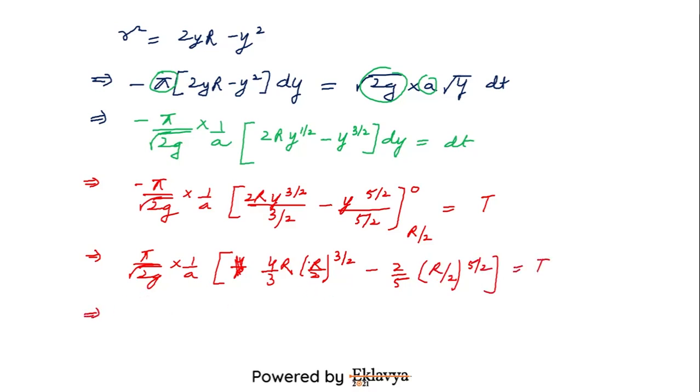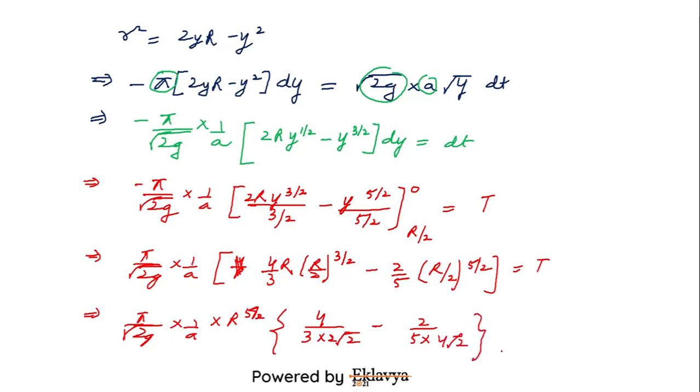So pi by root 2g into 1 upon a, and then r raised to power 5 by 2 is something that we can pull out as the common quantity. So r raised to power 5 by 2, and we will be left with 4 upon 3 into 2 root 2, minus 2 upon 5 into 2 raised to power 5 by 2, which will become 4 root 2. So now I think it's easy, you can finish the calculation, or okay, let me do that.